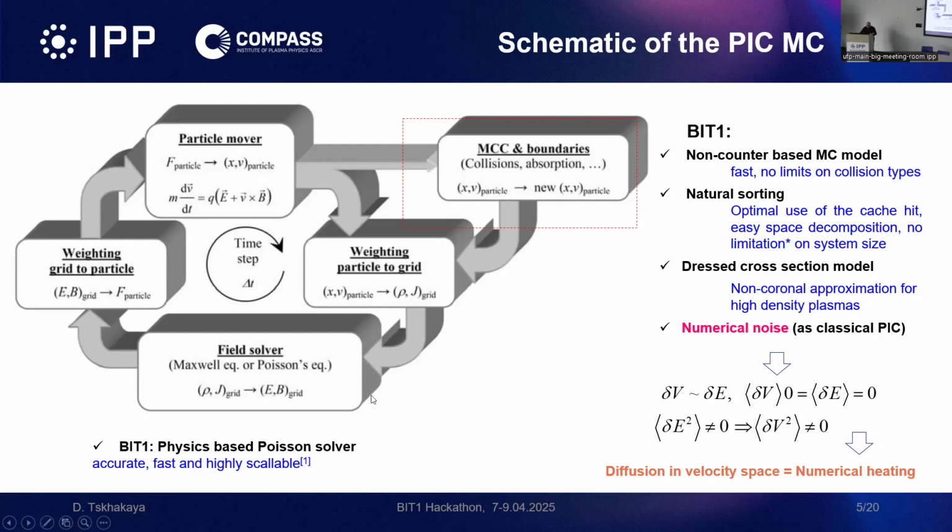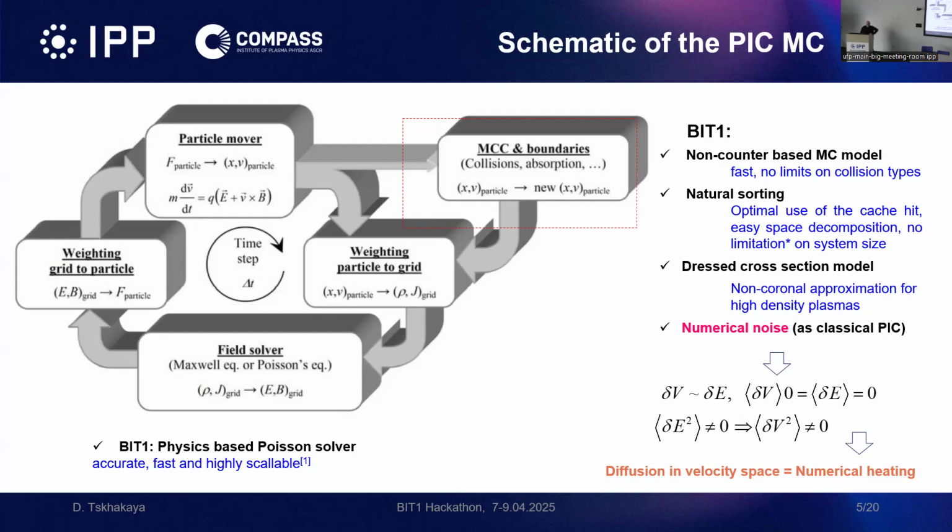Having these densities at the grid points for given charge and current densities, you can solve the Maxwell equations. Then, because you get the electric field and the forces on the grid points from the Maxwell equations, you have to recalculate forces on the particles, so it's an inverse weighting. Then the particles feel this field, the forces, and this is the whole cycle.